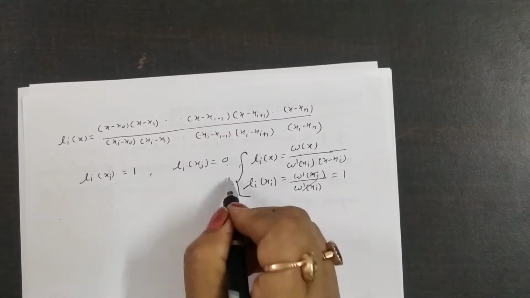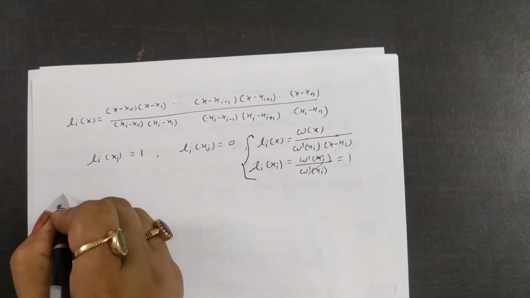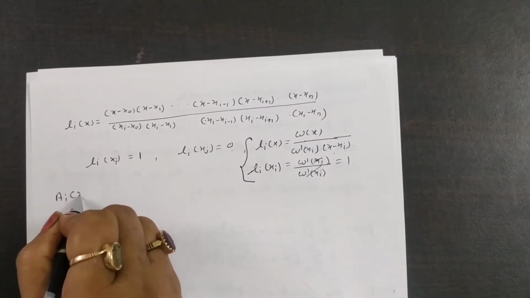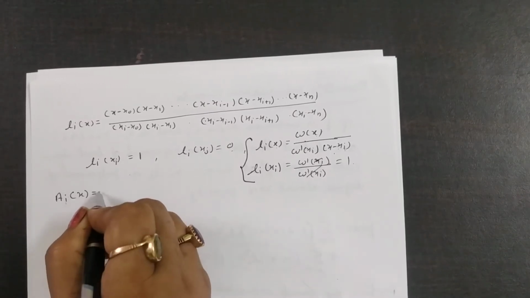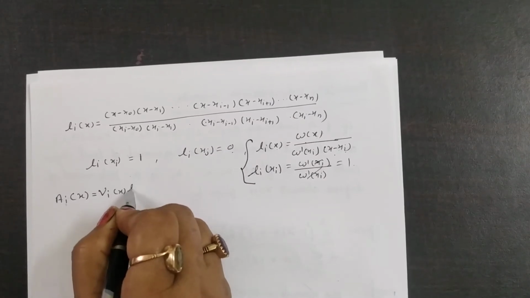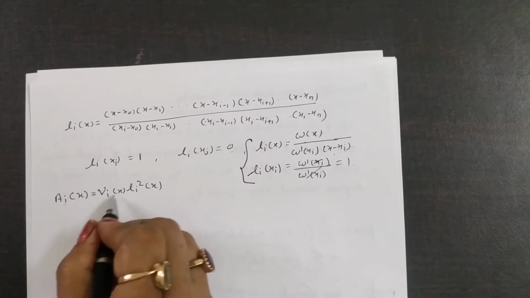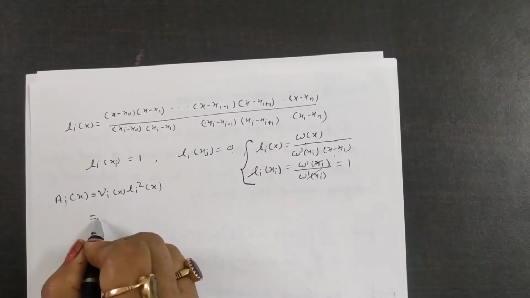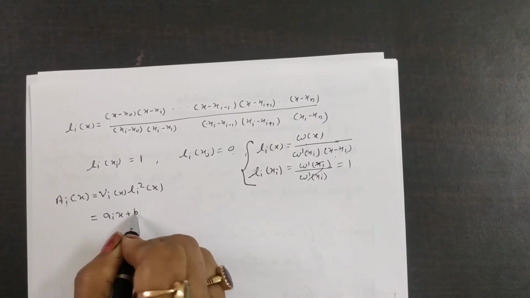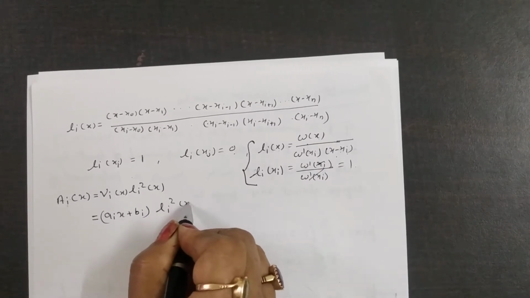Okay, now you know this one. Now we start to solve for ai(x). Let us suppose that this is equal to gamma i(x) Li square(x), where we take a polynomial like that: this is equal to (ai x plus bi) Li square(x).